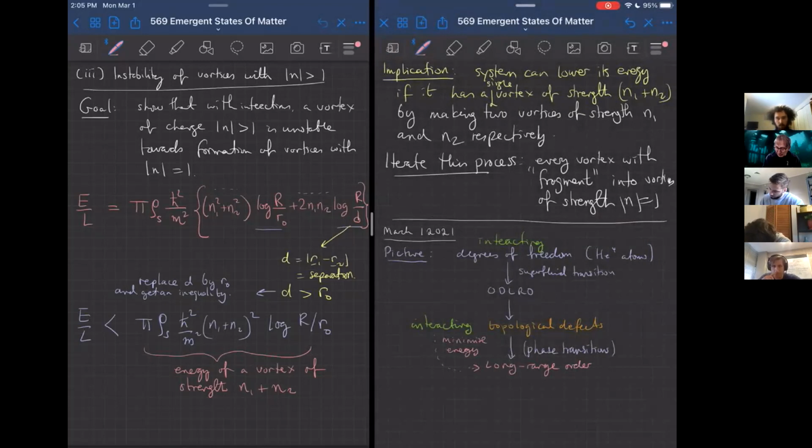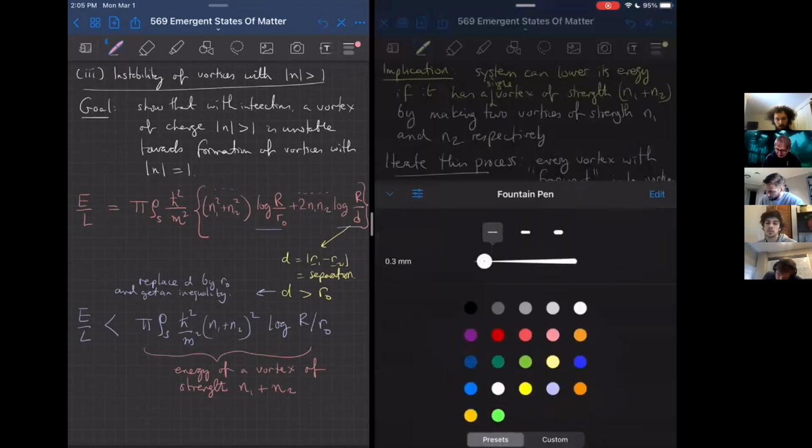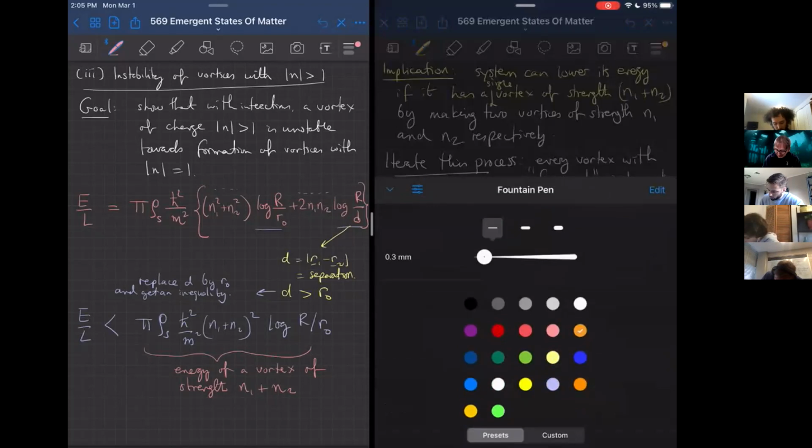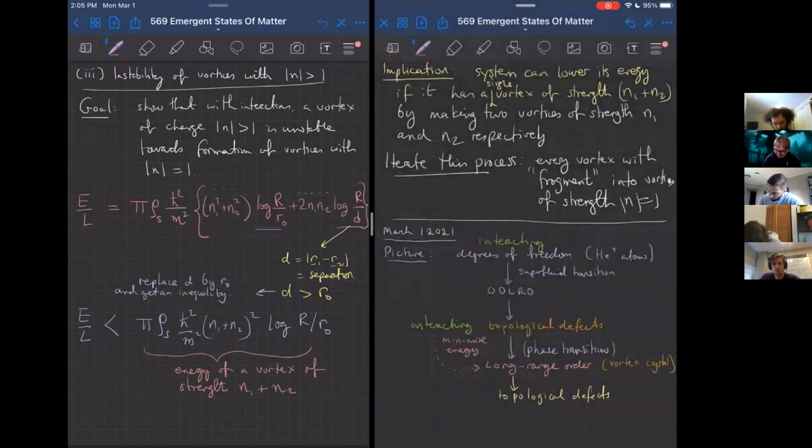And once I've got a state with long-range order, then of course that state can also have its own topological defects. So in this particular case, the long-range order for line defects would be a vortex crystal. And then the topological defects that you would get in the vortex crystal would be dislocations in the vortex crystal.